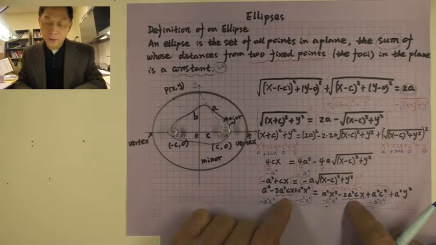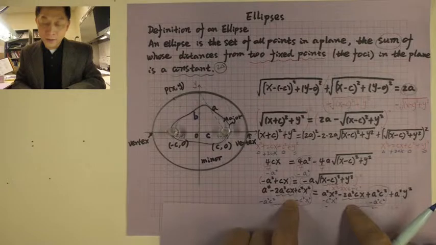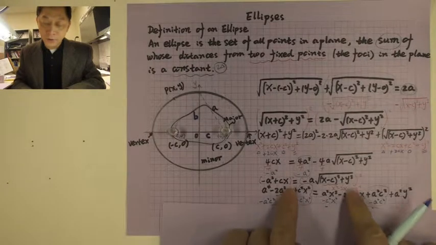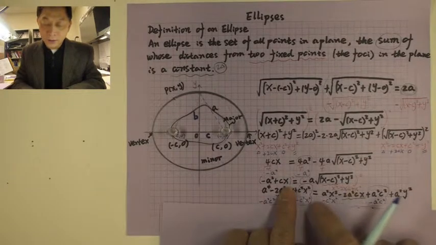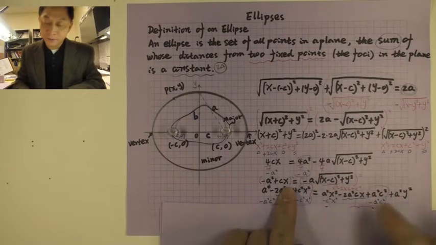If you add the same term on both sides, those two will disappear. So basically, those two will disappear. Okay? Those two disappeared, and I subtract this one. So this one goes to the right, this one goes to the left.